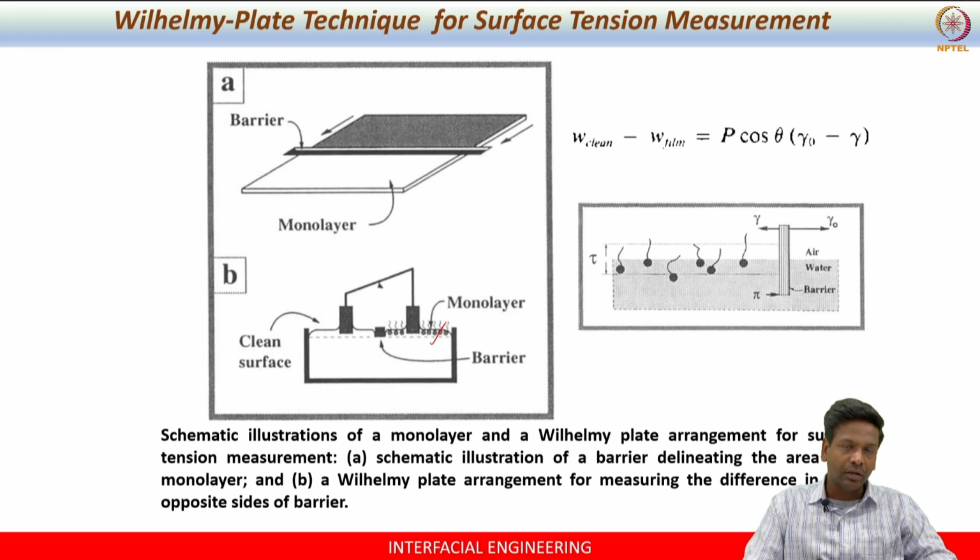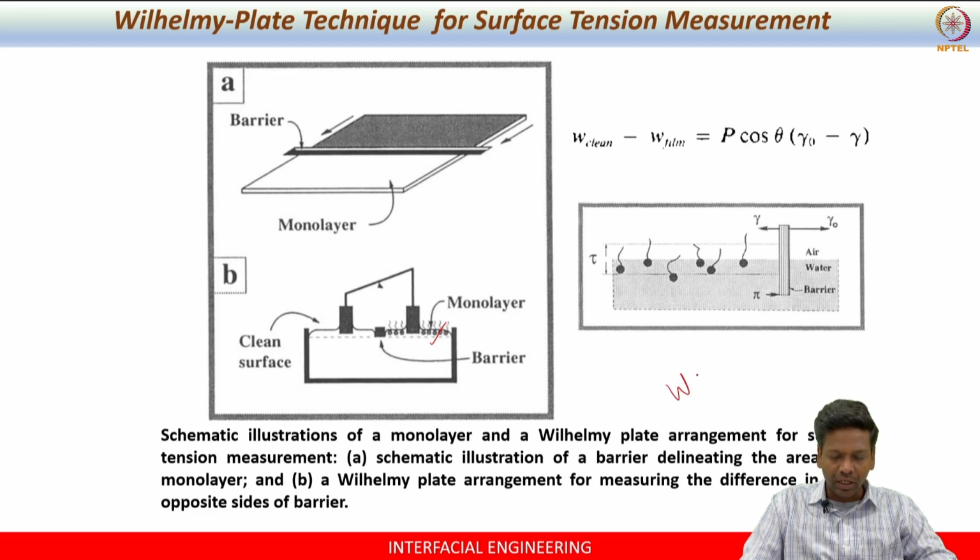At that point, the weight acting on the plate will be decreasing, because as more and more molecules change their orientation, the surface tension will be lowered, so the weight acting on the plate will also be lowered. Whatever you monitor is basically the weight acting on the plate, right?